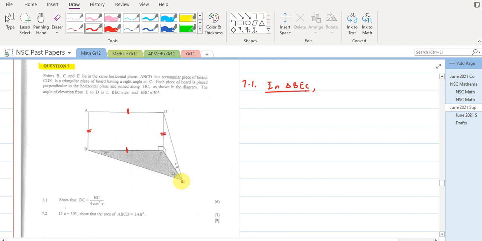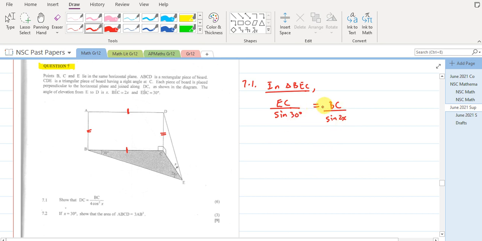So I can say EC over sine 30, right? I'm using the sine rule: EC over sine 30 is equal to BC over sine 2x. Alright, that's sorted out.